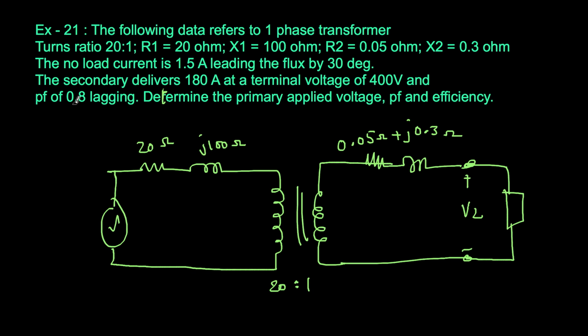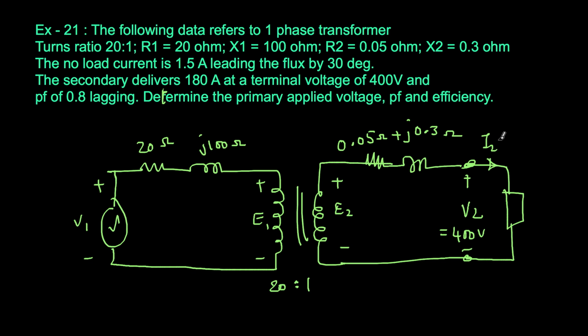What about voltages? The secondary delivers 180 amperes at terminal voltage. This is important, terminal voltage. So E2 is not given to us. E2 is unknown. Similarly, E1 is unknown, and V1 is also unknown. We need to determine the primary applied voltage and power factor, whereas V2 is given to us. V2 is 400 volts, and it delivers 180 amperes.